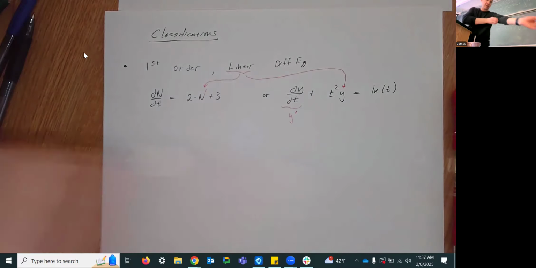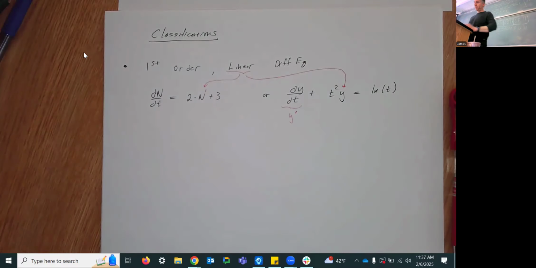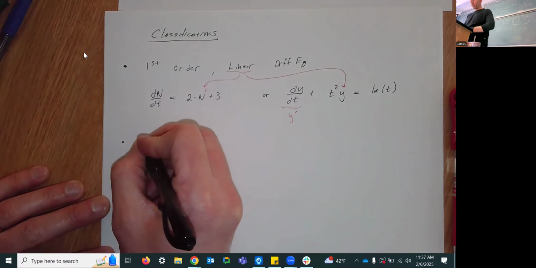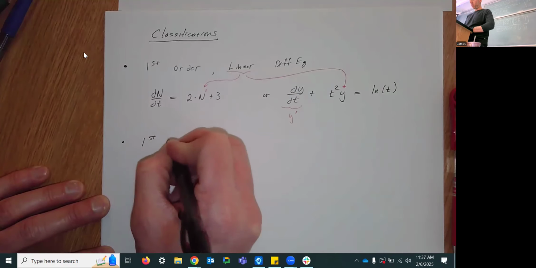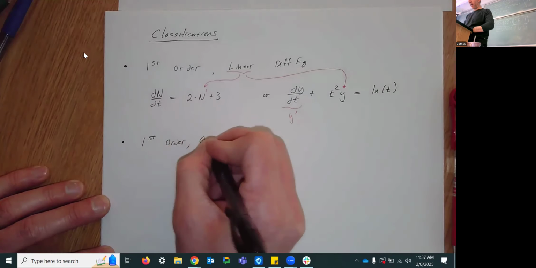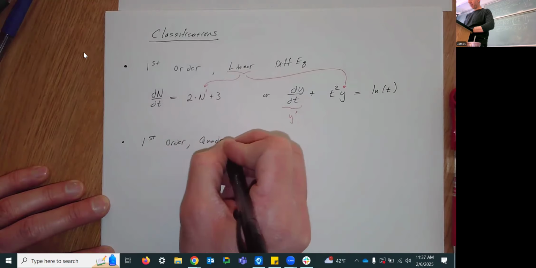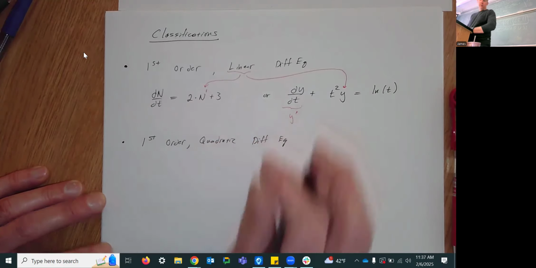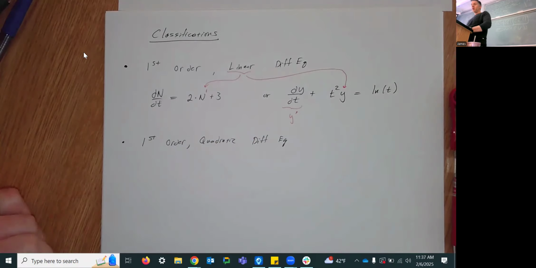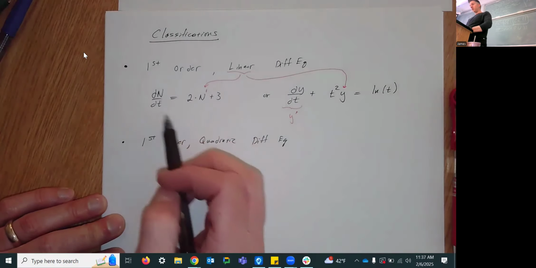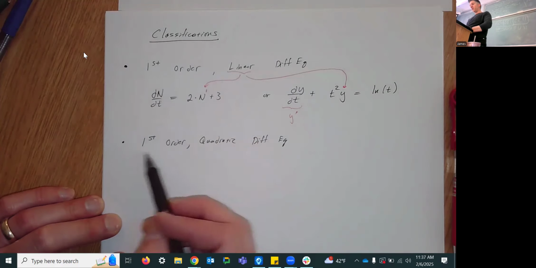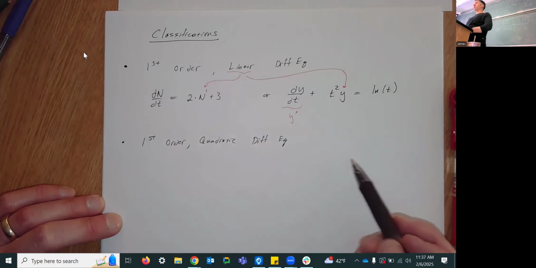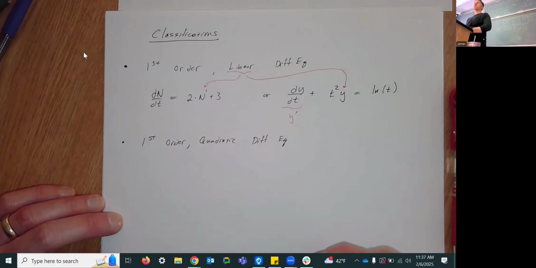Okay, a few more things here. So here's a first order quadratic differential equation. Let me ask you all a question. How could I easily change this one I just wrote so that it's now a first order quadratic? What would I have to change?